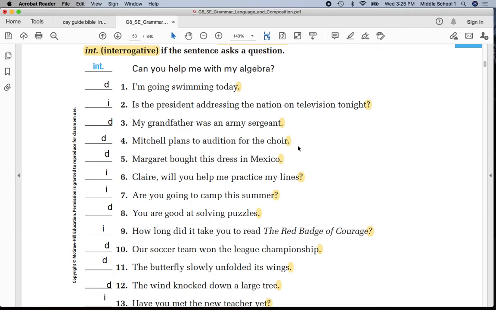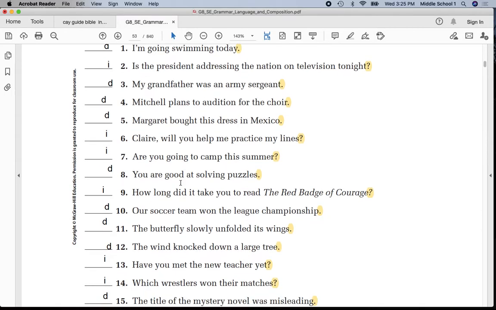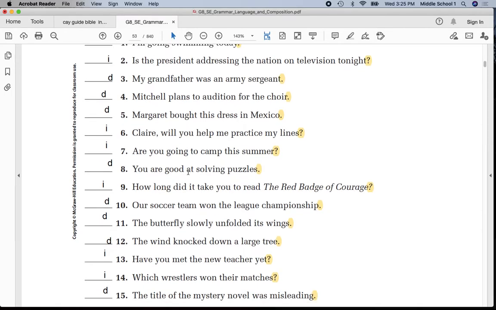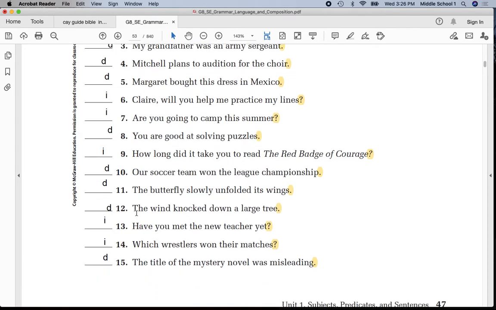Number 4 is a period. It's declarative. Number 5 is declarative. Number 6 and 7, both of these sentences have question marks. They're interrogative. Number 8, a period, declarative. Number 9 is a question mark. We call it interrogative. The next 3 sentences, 10, 11, and 12, are declarative.